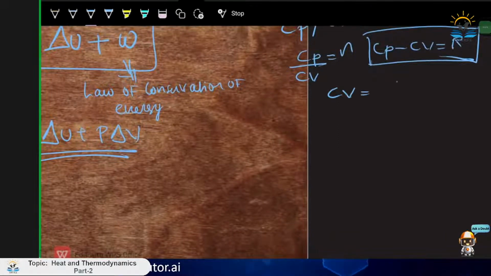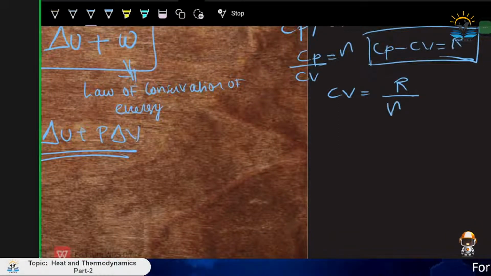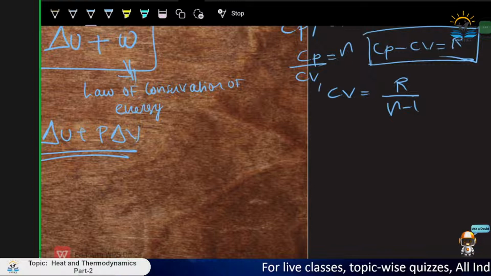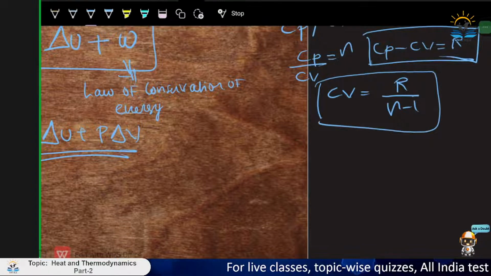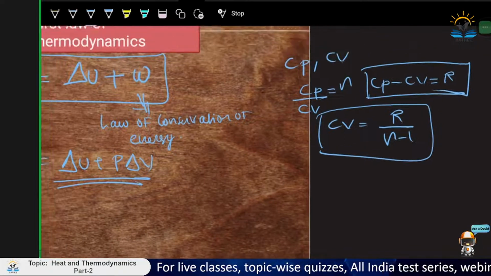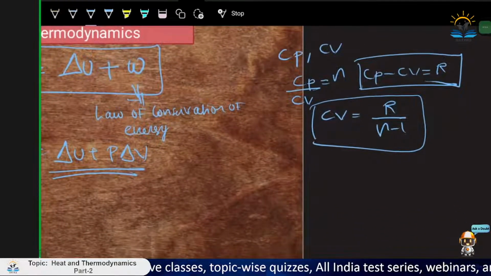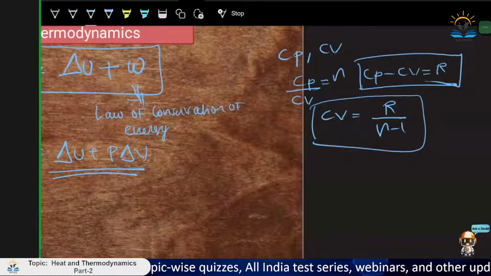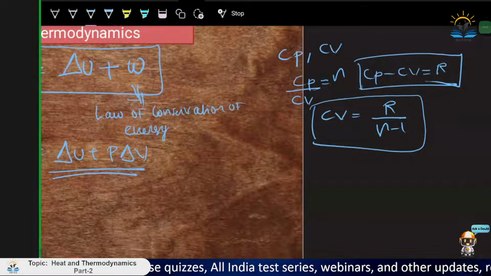Cv is R by gamma minus 1. We need these formulas to solve the remaining questions, so everyone should understand the Cp, Cv, gamma relations.